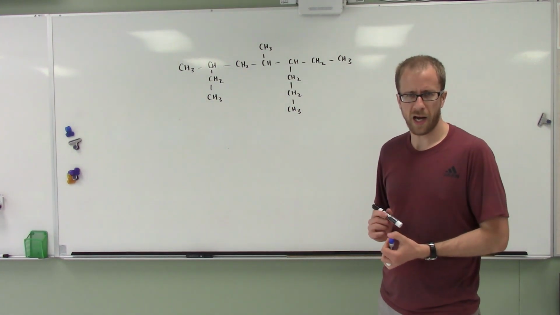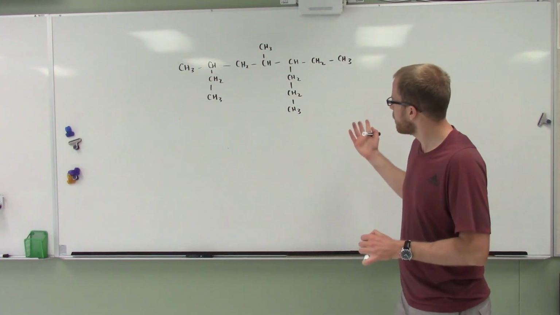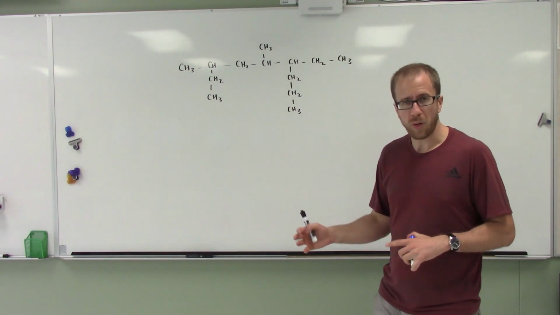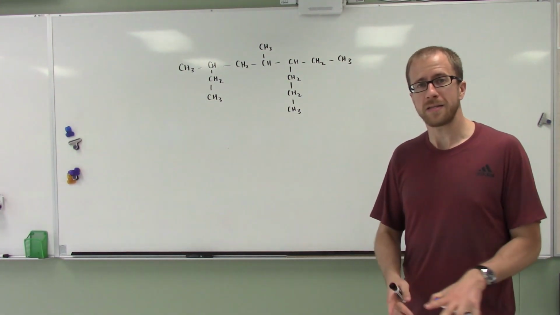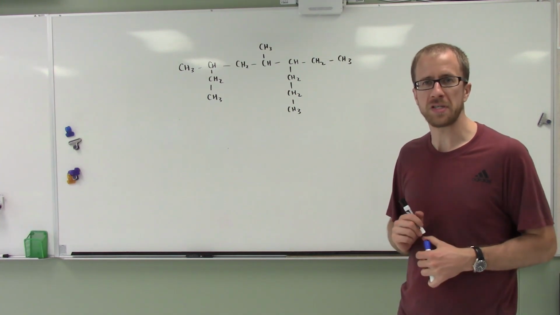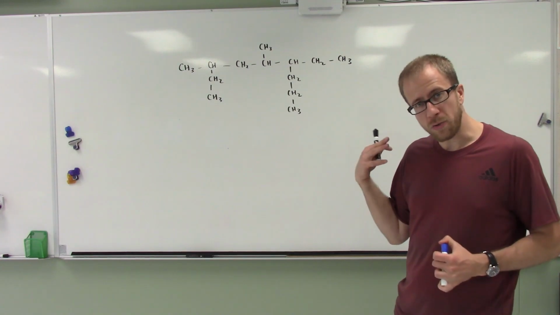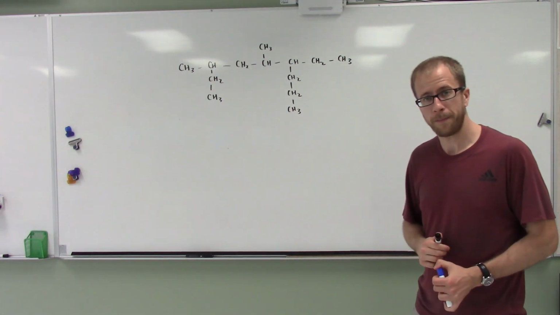Let's do one more example. Here I've drawn a molecule, and it's a little bit more complex, and it's going to draw on some of those more obscure rules that we talked about. So first things first, we do need to label our parent chain.